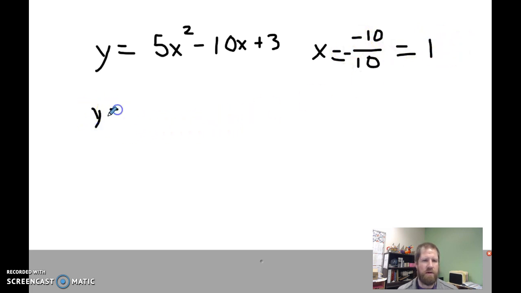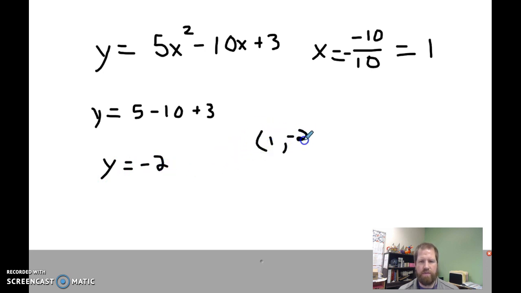So y is going to equal 5 times 1 squared, which is just 5, minus 10 times 1, which is 10, plus 3. Okay? And so now I have 5 minus 10 plus 3, or y is equal to negative 2. So my vertex for this one is at 1, negative 2.